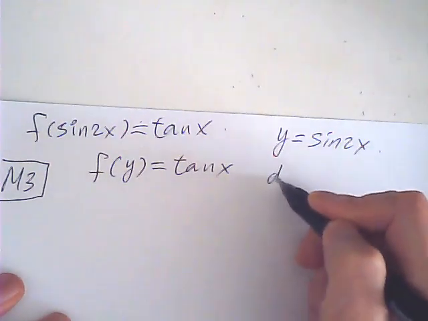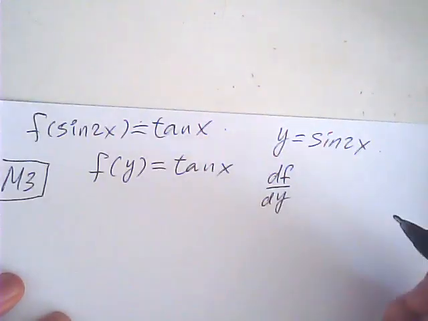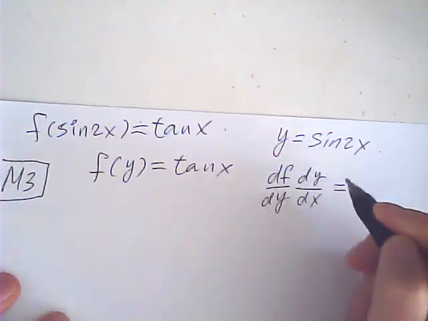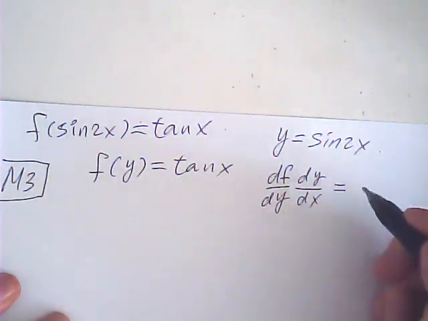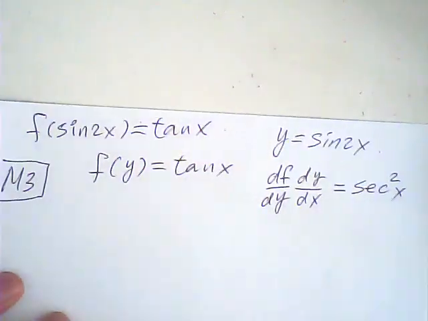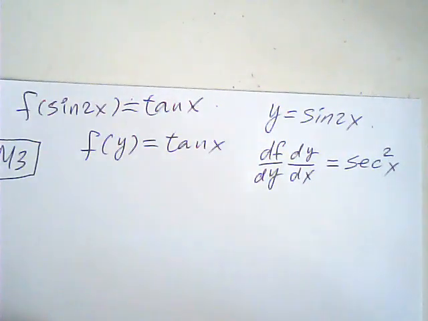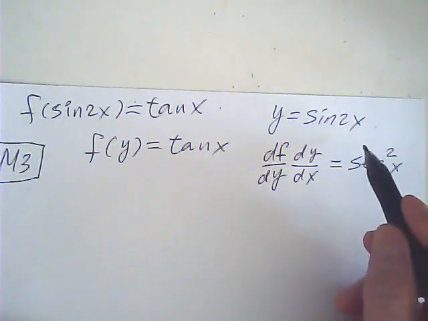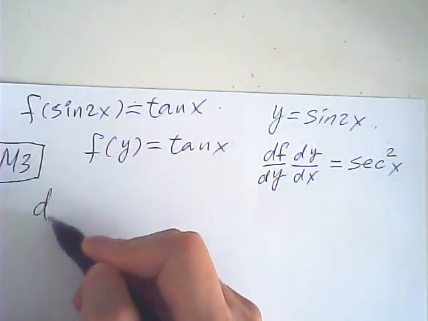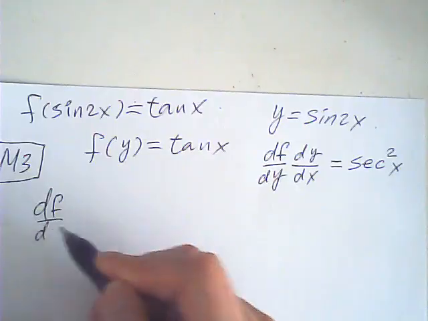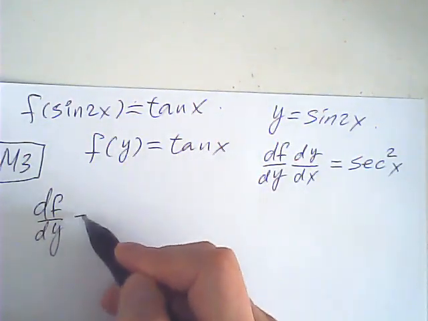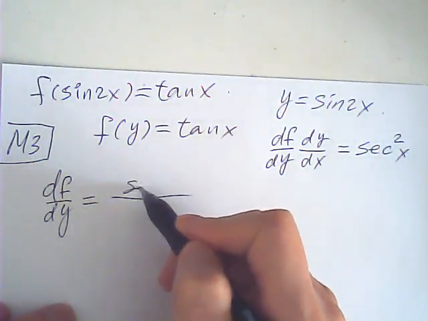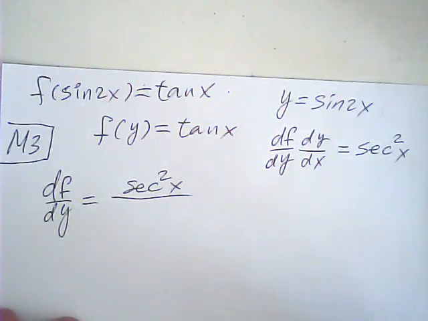So this means that df dy first, then dy dx is equal to this derivative with respect to x, which is secant square x. Okay. Therefore df dy is equal to secant square x, right?